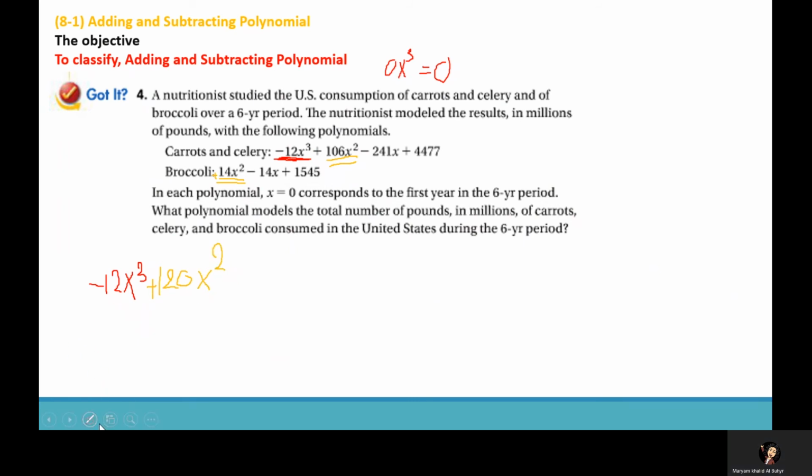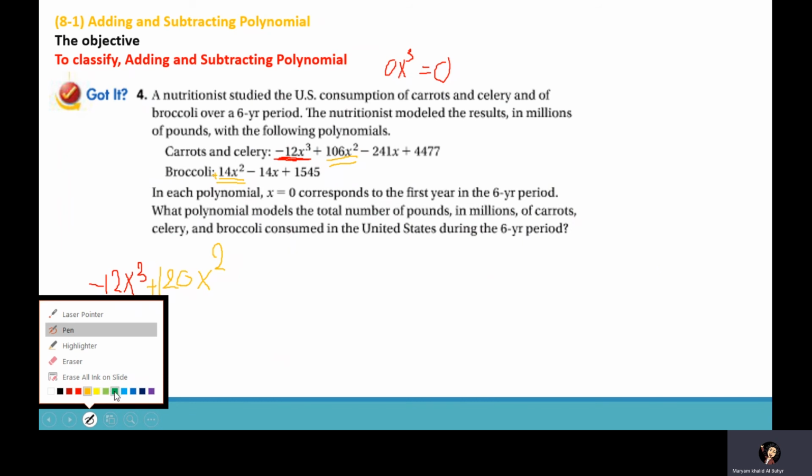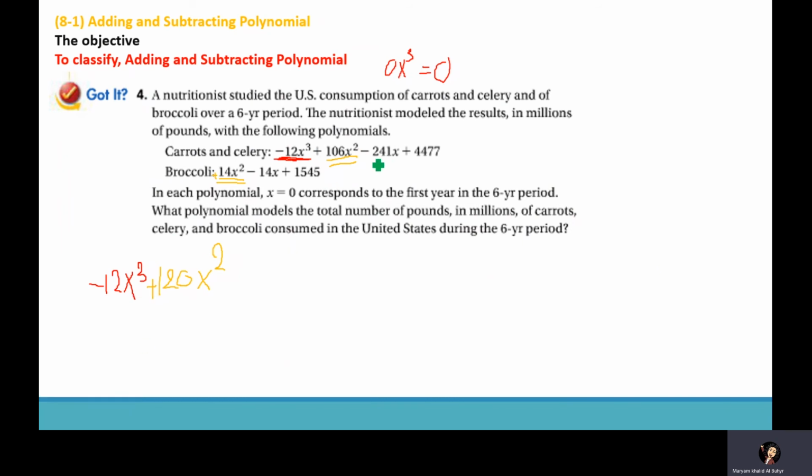Next, I will see my next term. My focus is on x to the power 1. Do I have a term like this? Yes, I have this one, x to the power 1. So these two are like terms. I will focus on my negatives here.